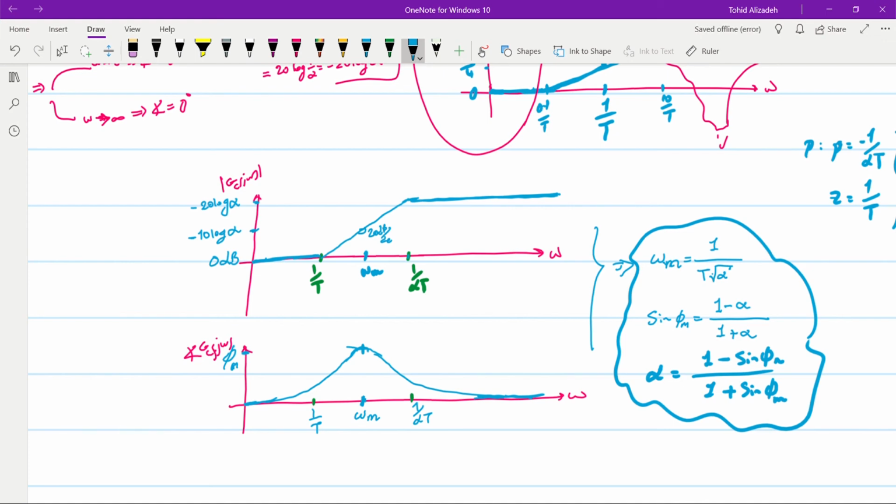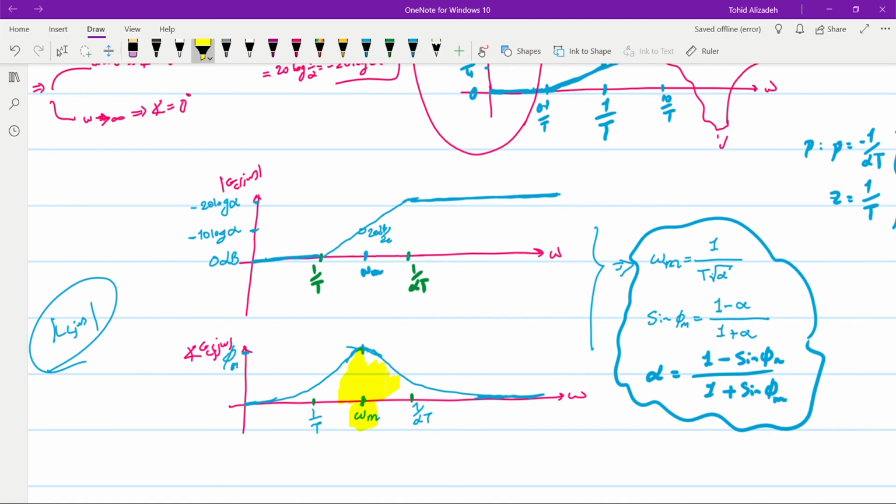overall Bode plot of the system, for L of j omega. At low frequencies, you can see that we are injecting 0 dB and 0 degrees. The important factor here is the positive phase that you are going to inject to the system around the frequency of omega m.